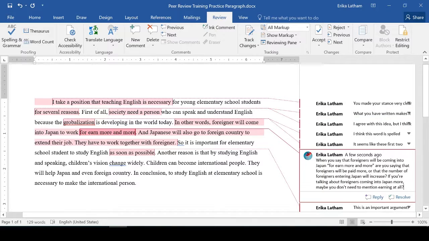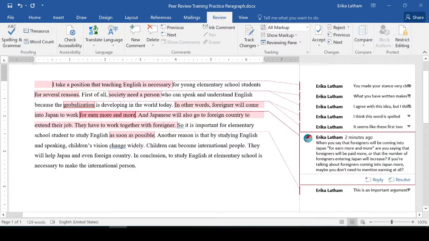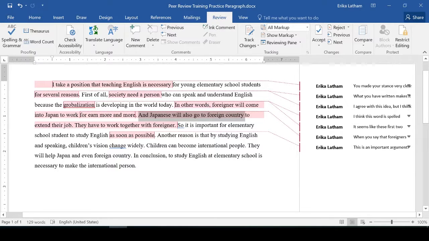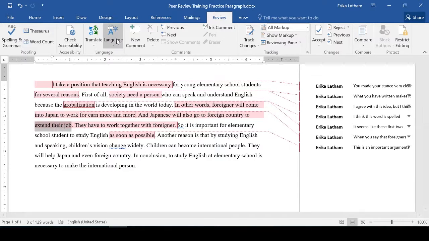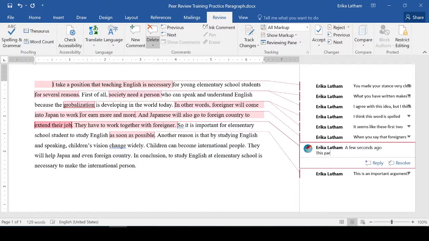Okay. And the next sentence, "And Japanese will also go to foreign country to extend their job." I'm not really sure what extend their job means. So this part is a little unclear to me.